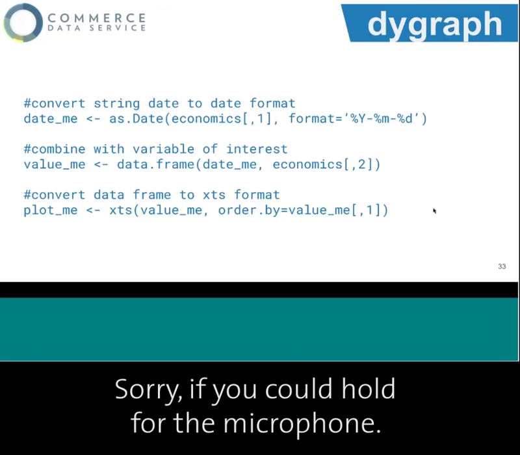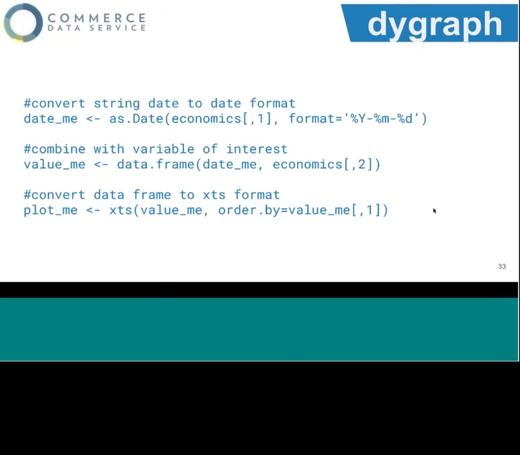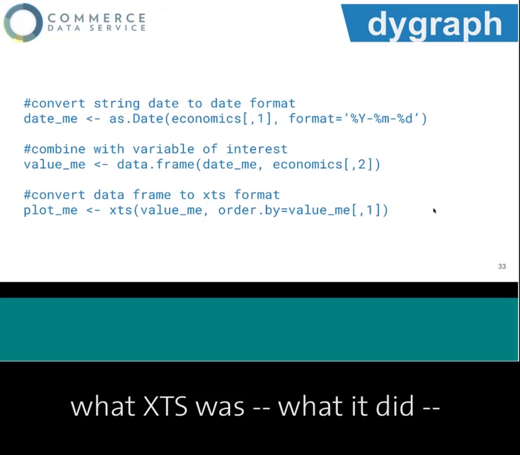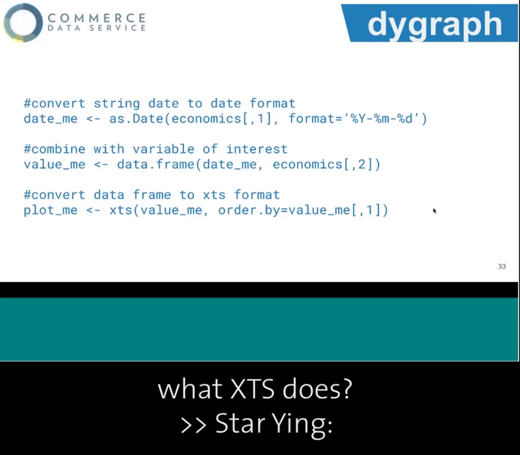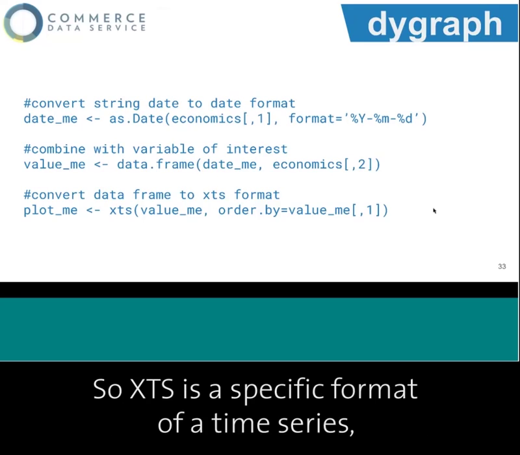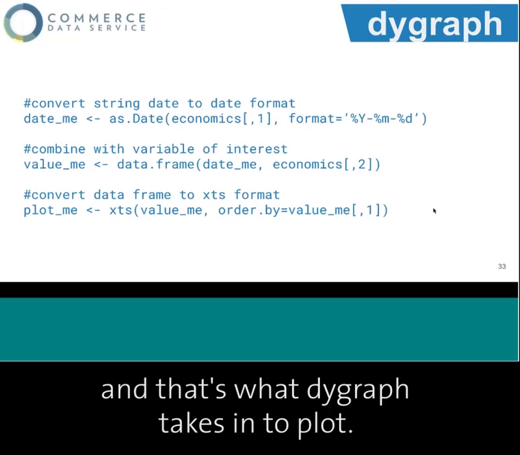Yeah, question? Sorry, if you could hold for the microphone. Could you go over one more time what XTS does? So XTS is a specific format of a time series, and that's what dygraph takes in to plot.